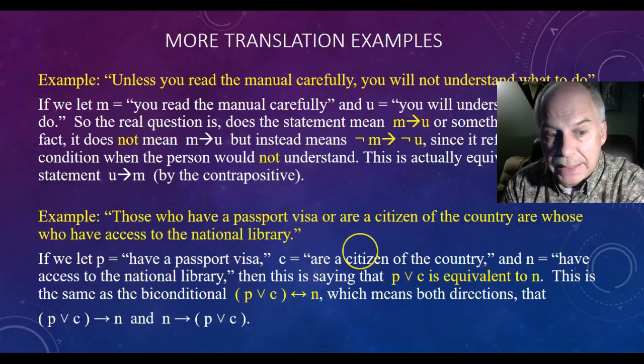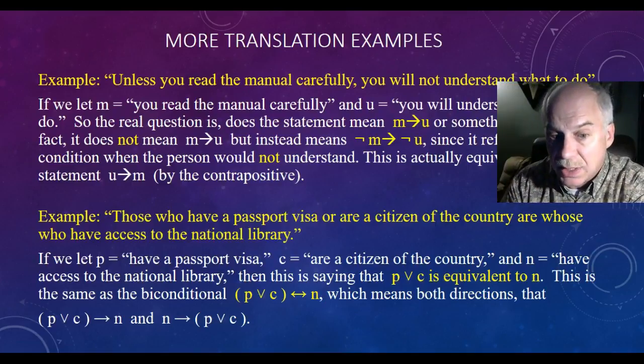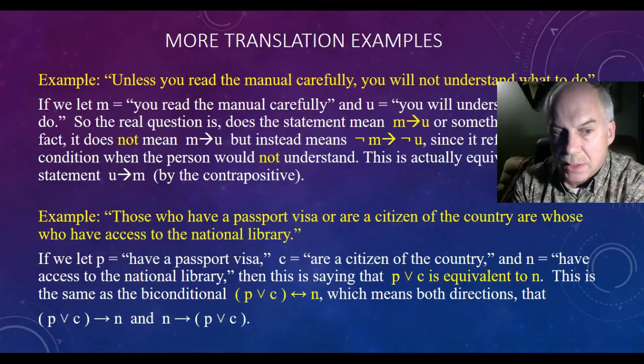So if we let P equal have a passport visa, C equal are a citizen of the country, and N have access to the National Library, then the statement says those who have a passport visa or are a citizen of the country. So we need to use the or symbol, the upside down V. So we have P or C, citizen, is equivalent to N.